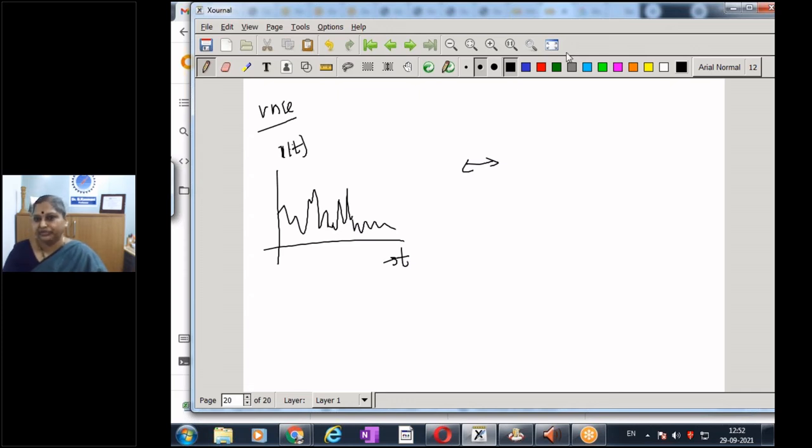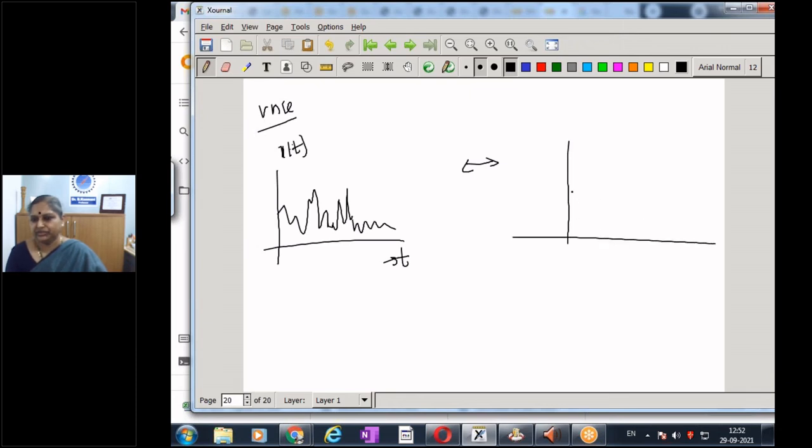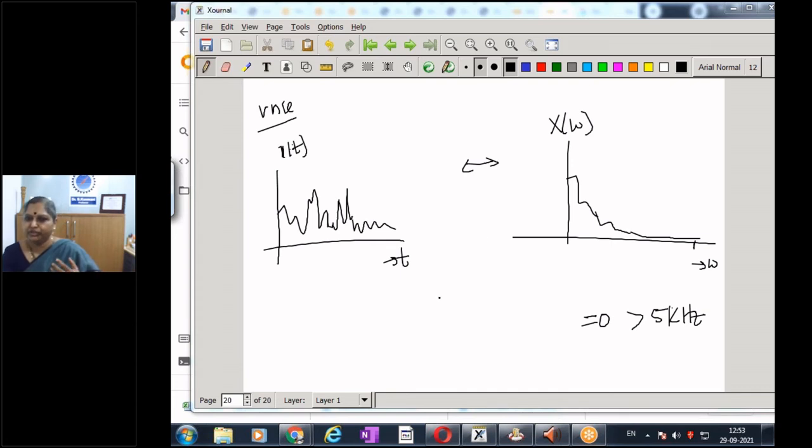It is going to have some components, and if I look at omega, it will tend to 0 for frequencies greater than 5 kilohertz. If I take x of omega of my voice, I don't speak in one frequency.